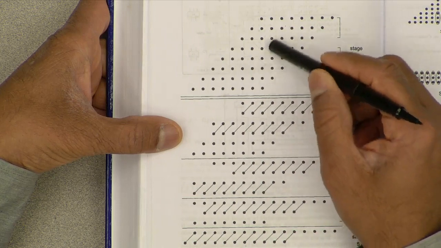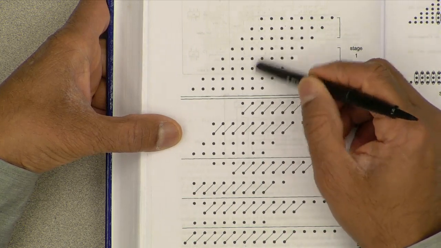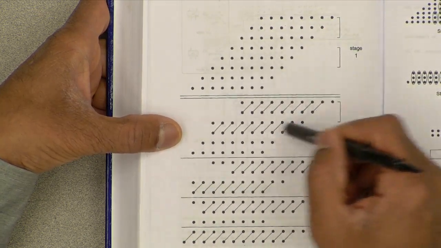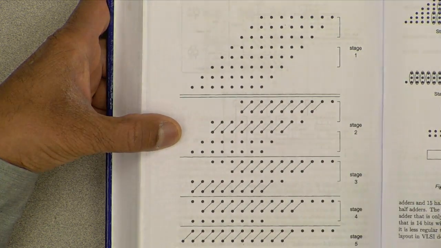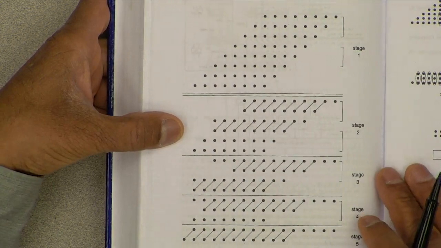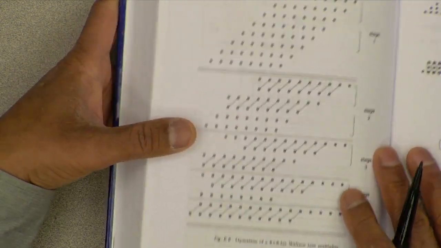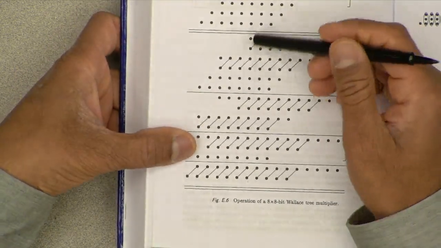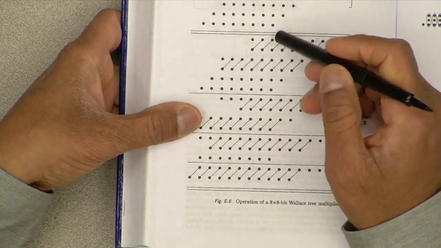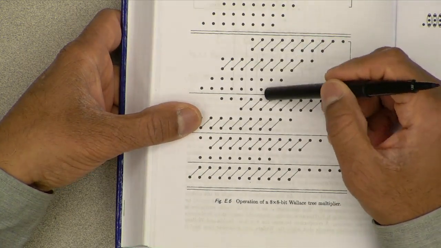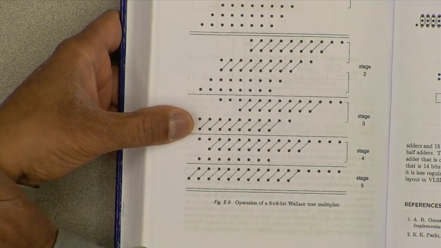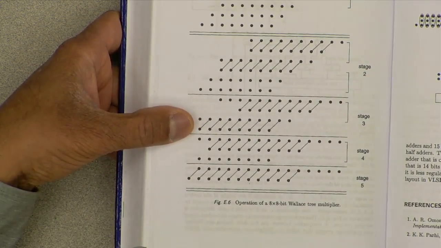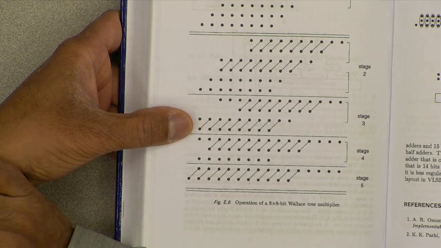Next 3 rows do the same thing, the next 3 rows create 2 rows. Leave the last 2 as they are. You can't reduce them anymore anyway. Now how many rows are here? If you count 1, 2, 3, 4, 5, 6. So 8 rows have now changed to 6 rows.